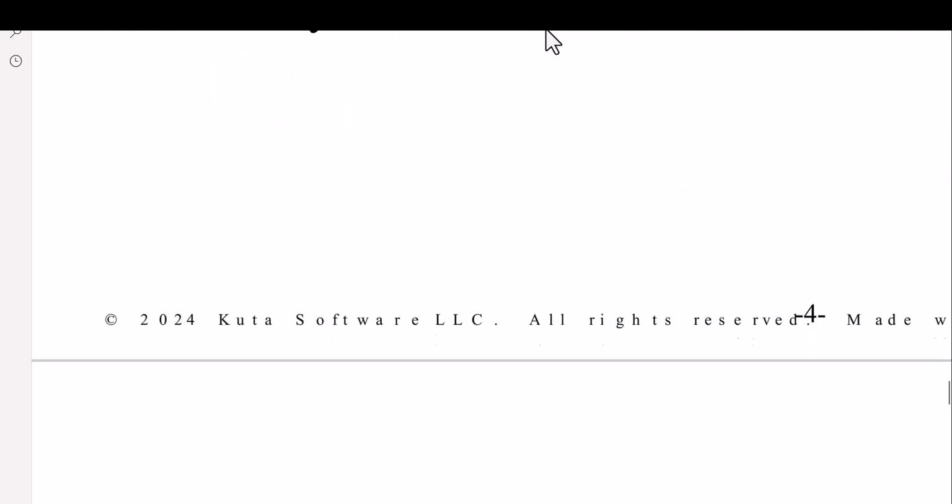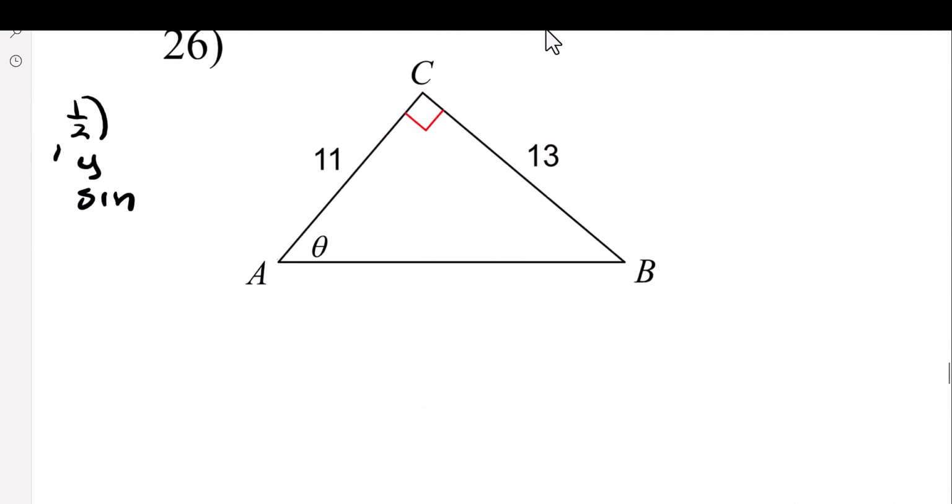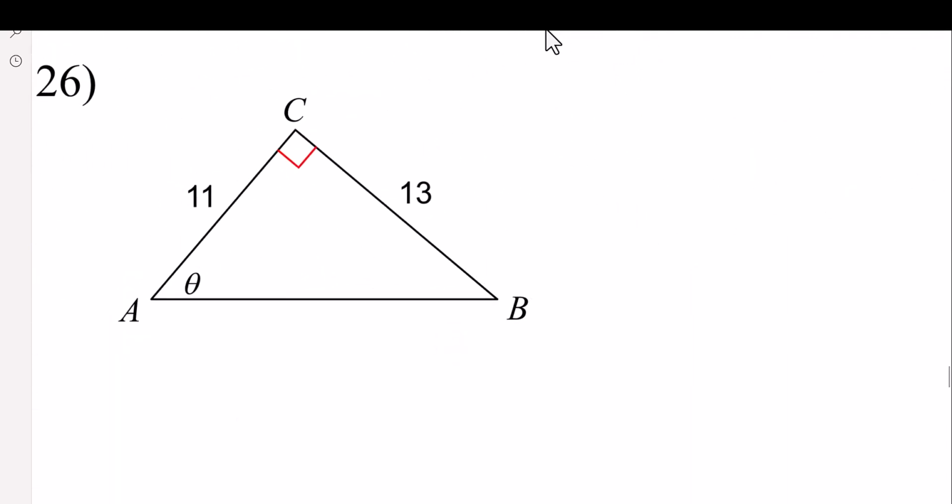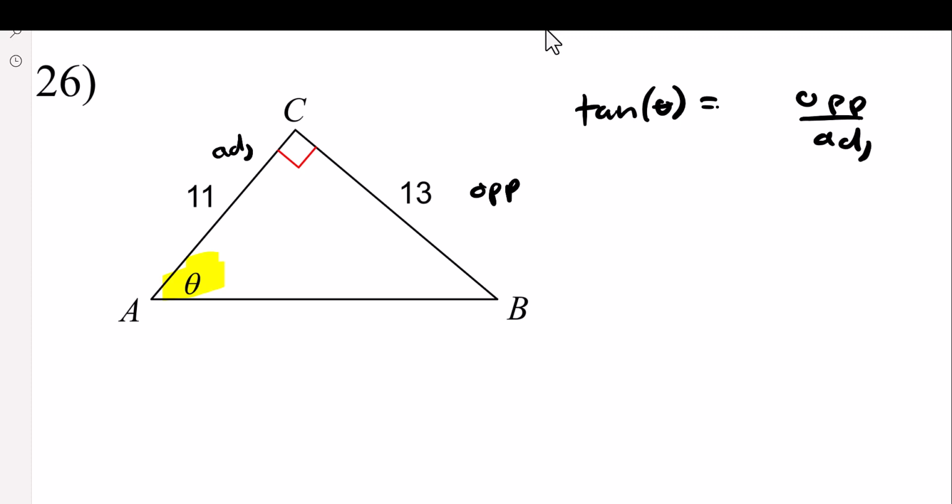All right, let's do another one of those. So from the viewpoint of this angle, all right, it looks like we have opposite and adjacent. That's tangent. I'll put this information up here. So opposite over adjacent.